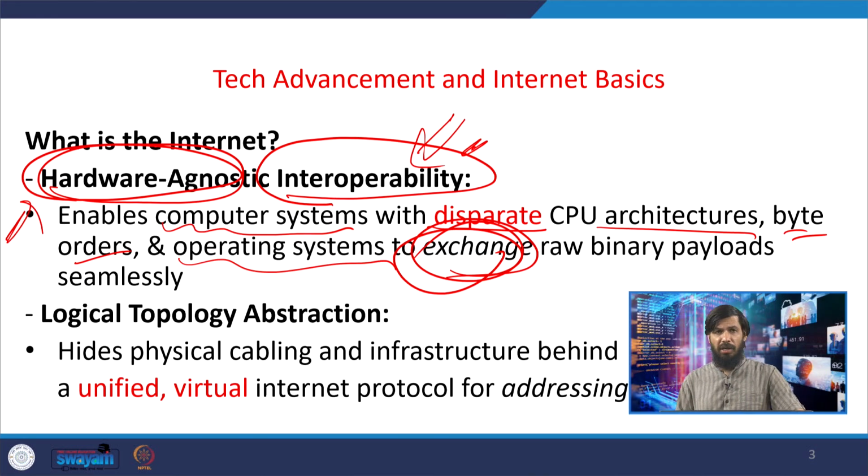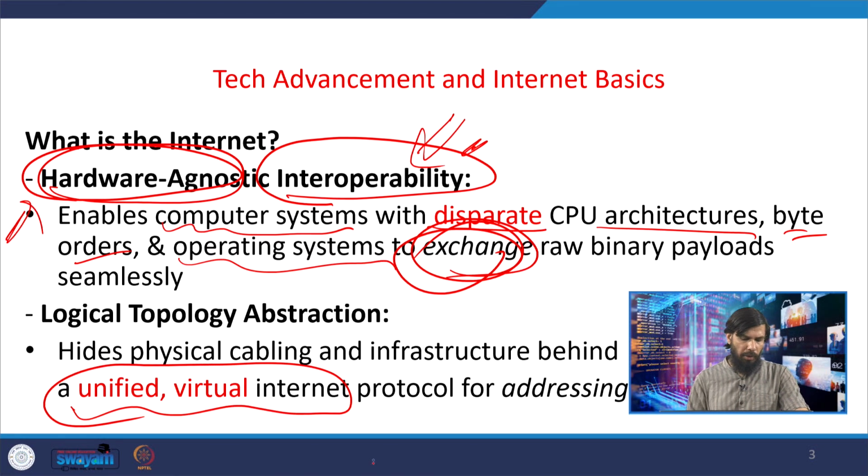Then the second is logical topology abstraction. What this is about is that it hides, or abstracts away, the physical cabling and the infra, and what we actually see is a unified virtual internet protocol for addressing. So we deal with a unified virtual internet protocol for addressing.